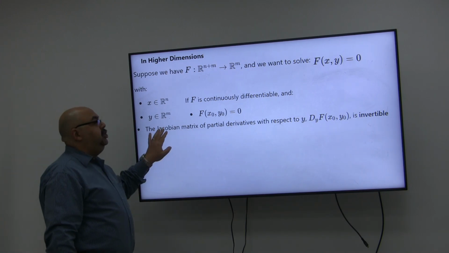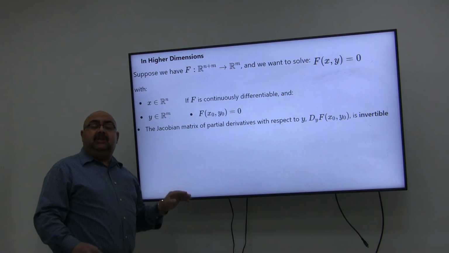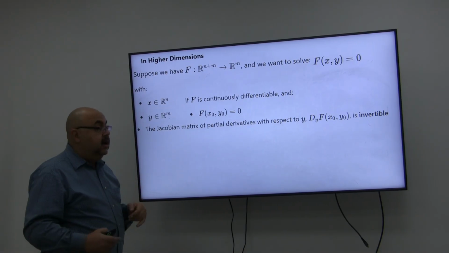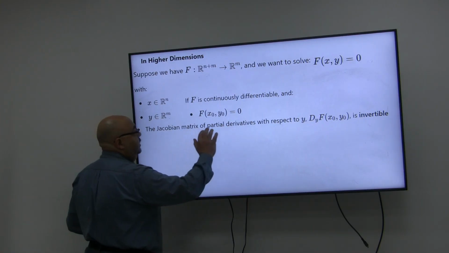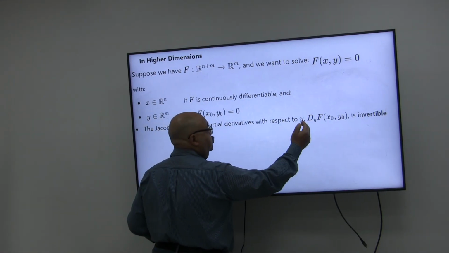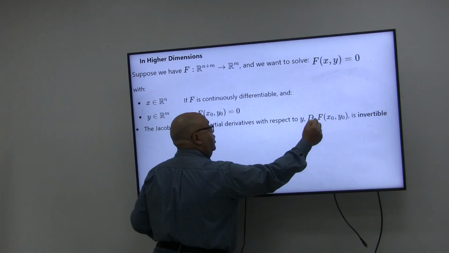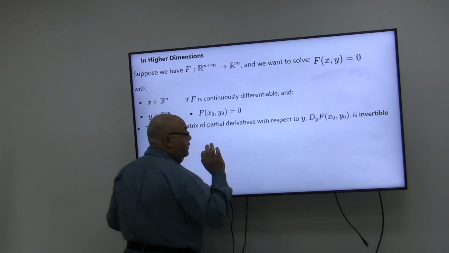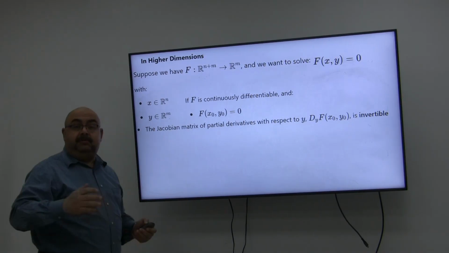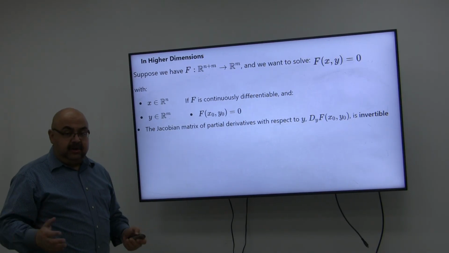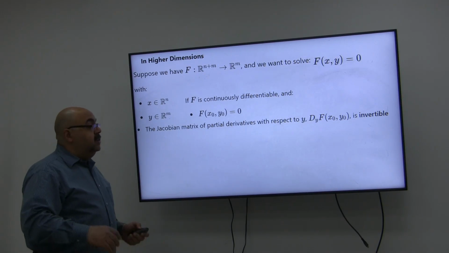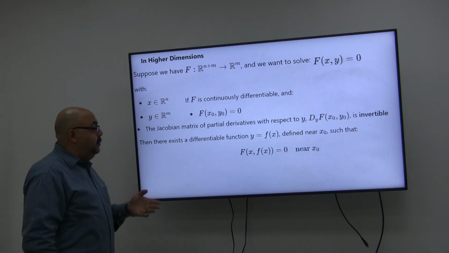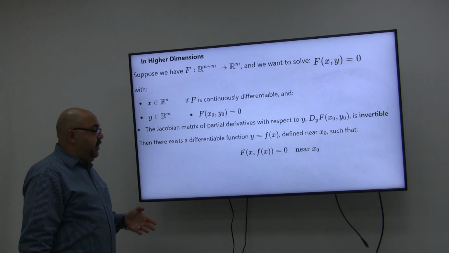I can find the Jacobian, which stands for the derivative of the function with respect to y. So get the Jacobian matrix of the derivatives with respect to y, that's the Jacobian of f with respect to y at (x node, y node). Be sure that it is invertible, which means it's not singular, its determinant doesn't equal 0.